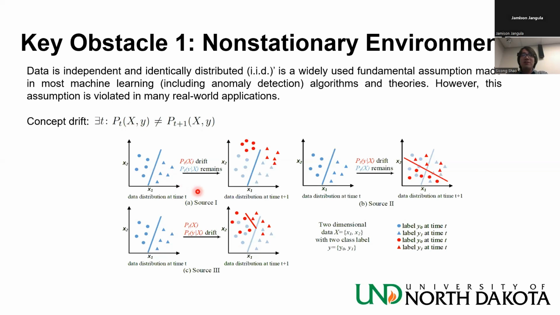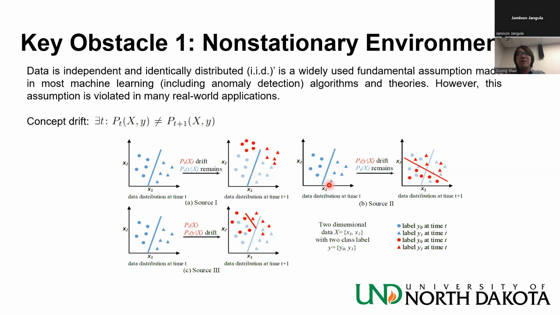For the virtual drift, your posterior probability is still fixed, it does not change, while the probability distribution of x changed. So this will result in the joint probability changing. But because the posterior probability is still fixed, it's not a big issue, because your decision boundary will stay the same.